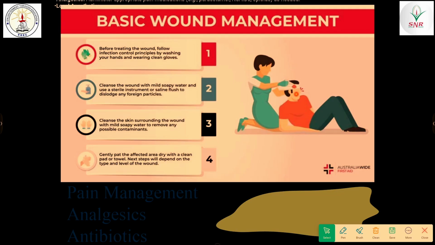Not only contaminants, certain things like a wood piece or a glass piece may also be embedded in the wound. We have to remove all these things and then gently pat the affected area dry with a clean pad or towel. The next step depends upon the type and level of the wound, as I told you. If it's a small wound, we can put a band-aid or something like that, or else if it's a chronic, acute or burn wound, that person has to be taken to the hospital immediately for further treatment.